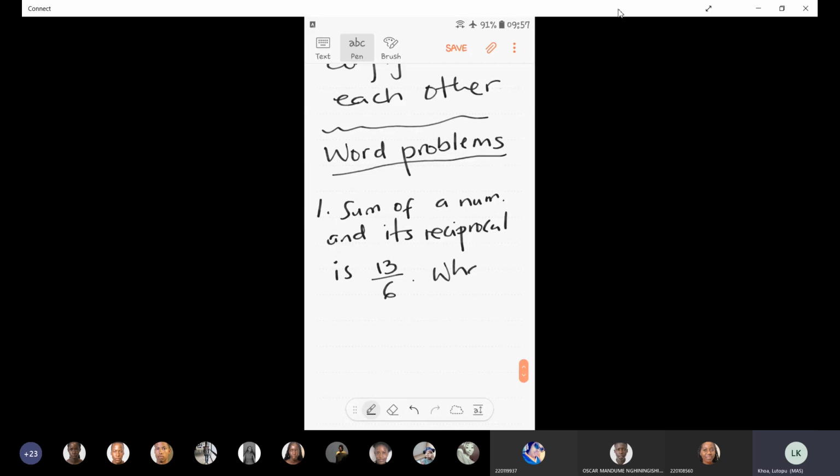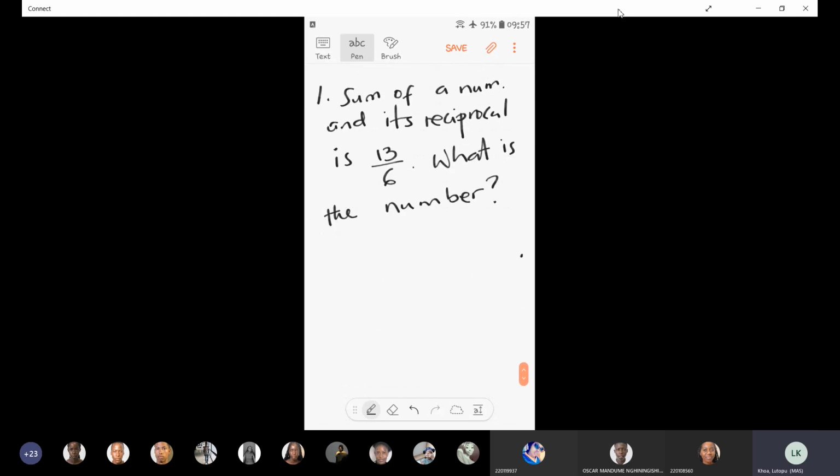Then what is the number? So you have a number. When you add it to its reciprocal, the answer you get is 13 over 6. And now you're asked to work out what that number is.